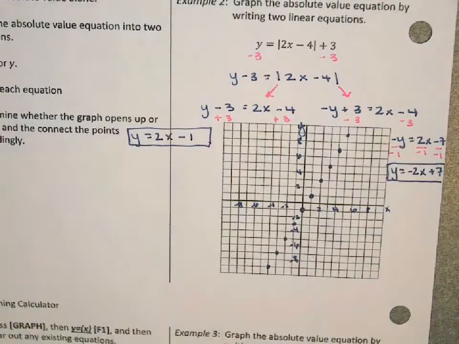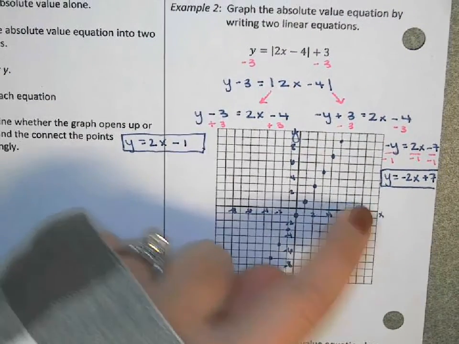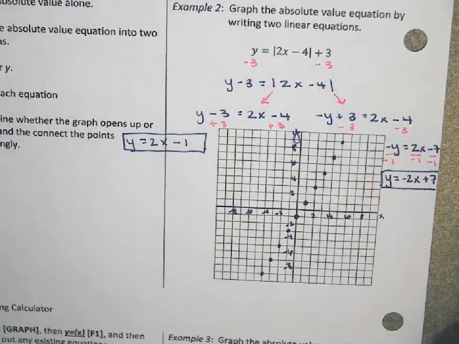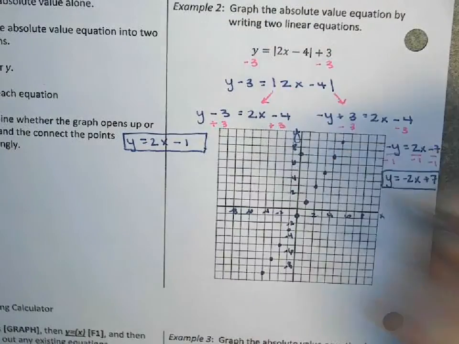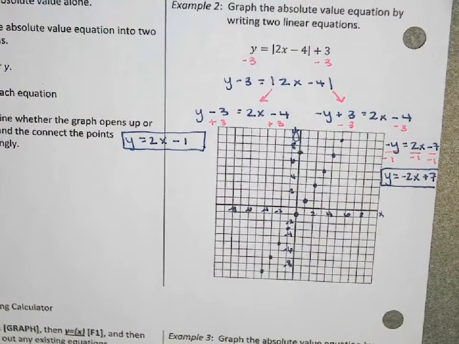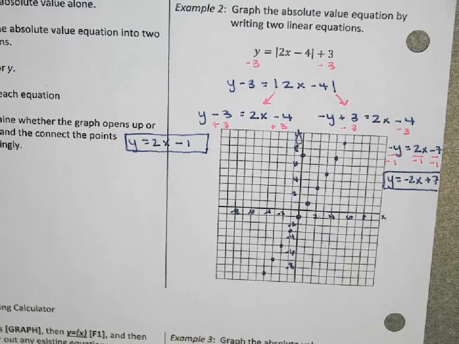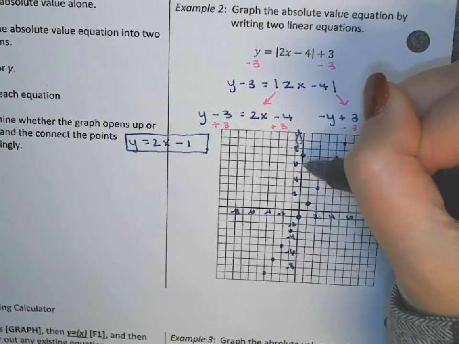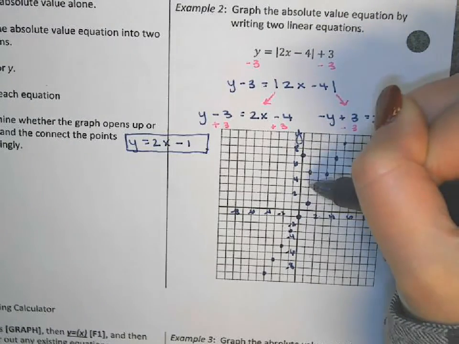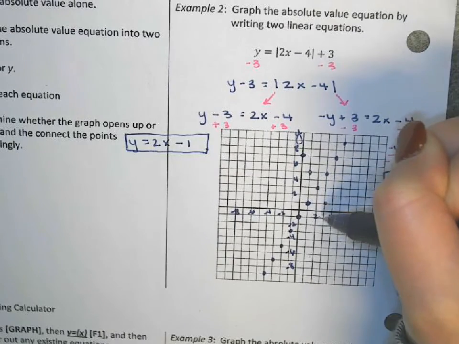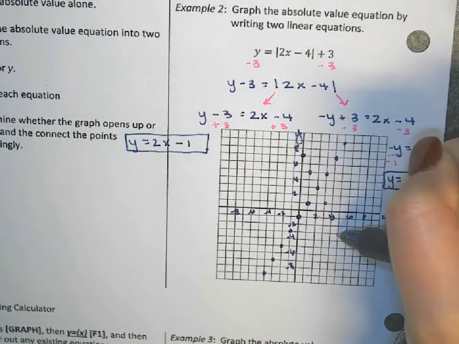So when we go to graph the other one, it is 7 on the y-axis. So here. And it has a negative 2 slope, so it's going down 2 to the right 1. So I am going to keep going until I run out of graph.